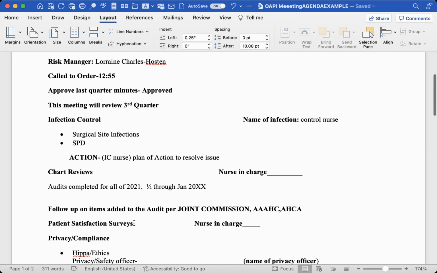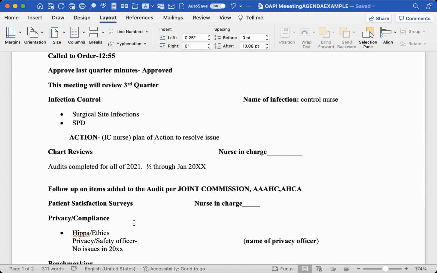On top of that, you want to follow up on items added to your audit per Joint Commission, AAAHC. So let's say you had an inspection. Generally, when the inspectors come out and they cite you for something or make notation of something, they would have you create a plan of correction, a POC, and send it in to them.